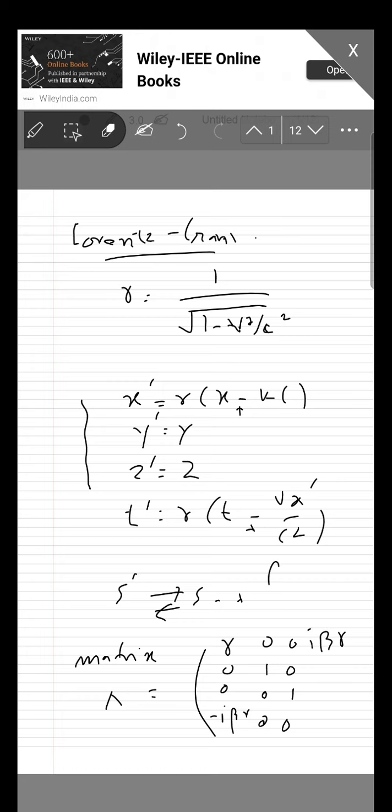Once again, beta is nothing but v by c. So this is the Lorentz transformation matrix.